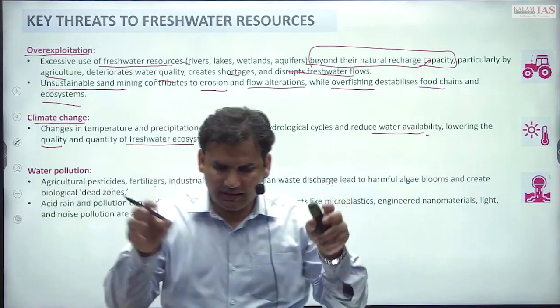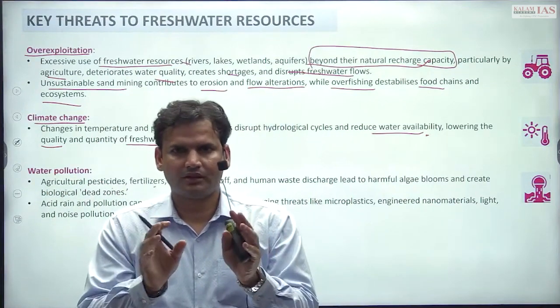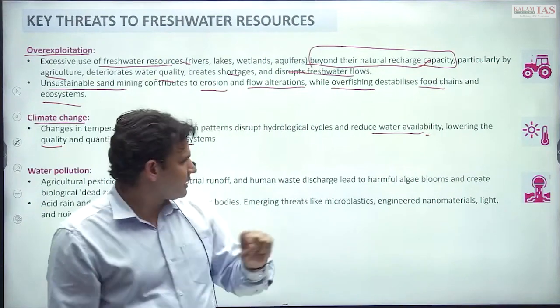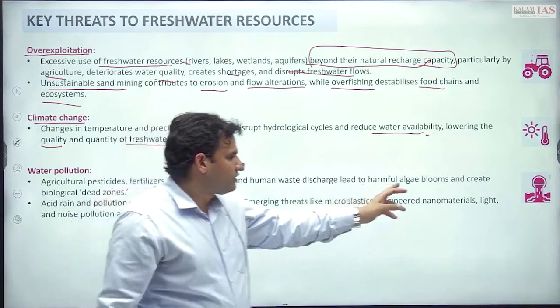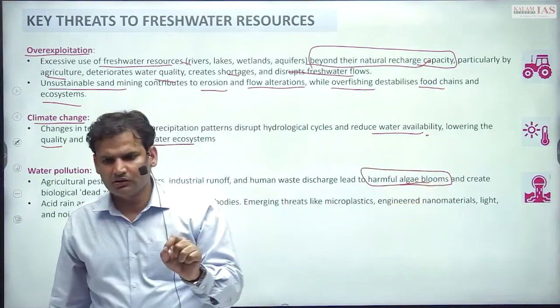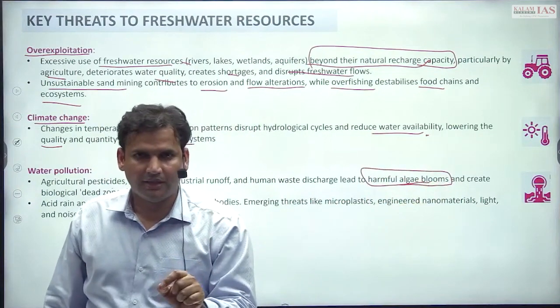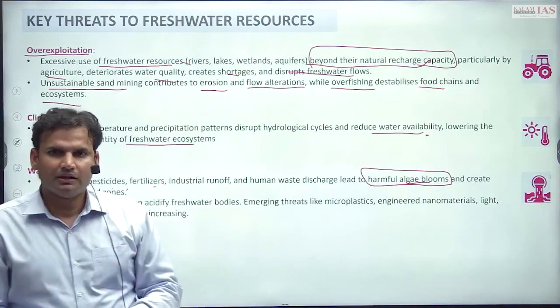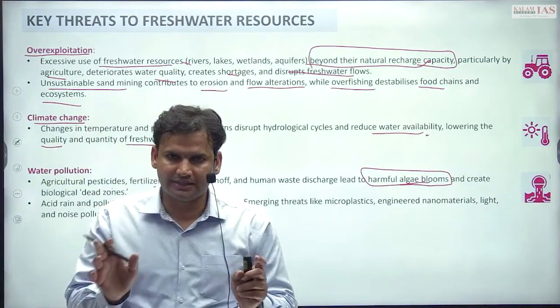When all of this untreated discharge, if this waste is being dumped without proper treatment, it can lead to harmful algal blooms. You must have all studied about eutrophication, harmful algal blooms, eutrophication is related to dissolved oxygen, right?